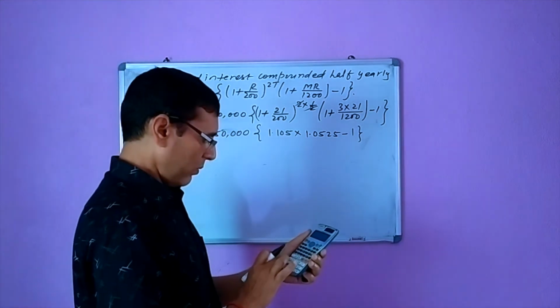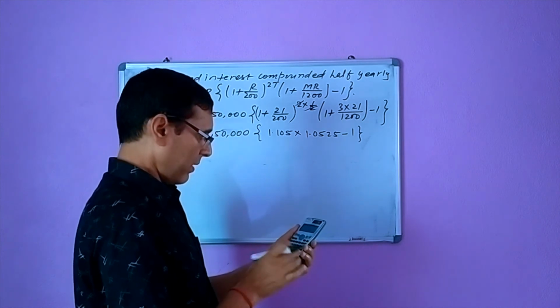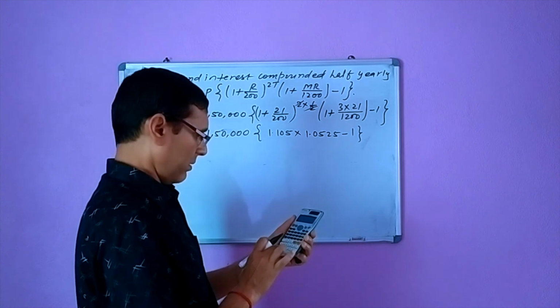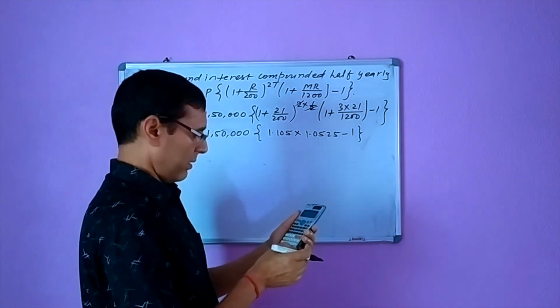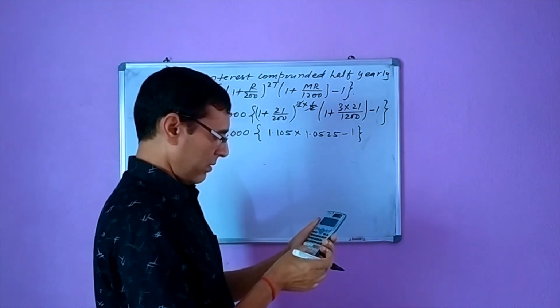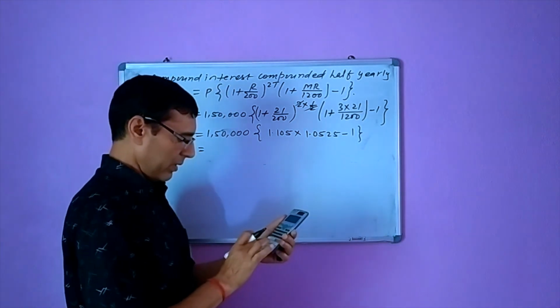One more time, 1.105 into 1.0525 minus 1 into 1,50,000.